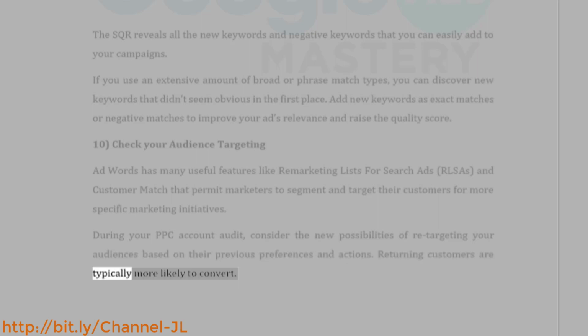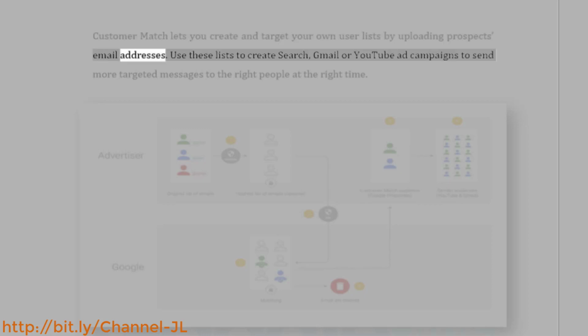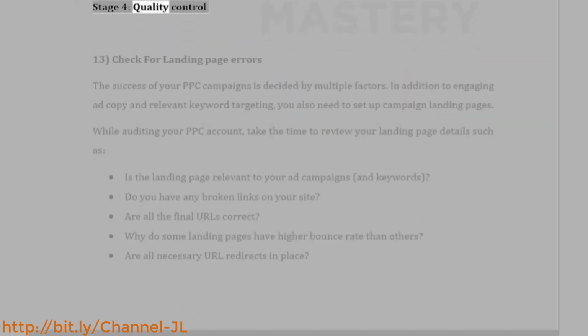Returning customers are typically more likely to convert. Customer Match lets you create and target your own user lists by uploading prospects' email addresses. Use these lists to create search, Gmail, or YouTube ad campaigns to send more targeted messages to the right people at the right time. Stage 4, Quality Control.